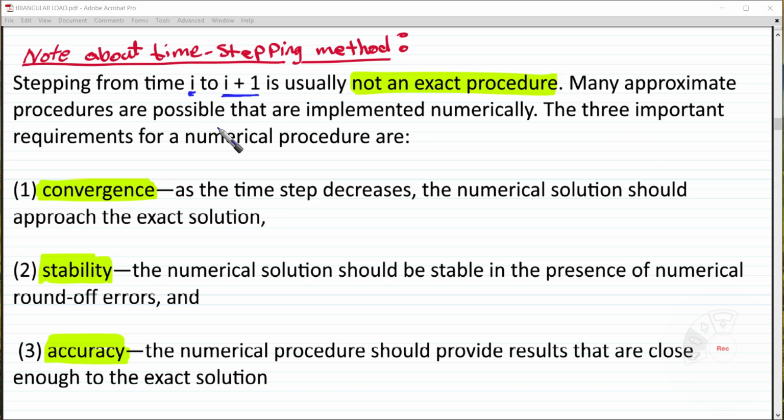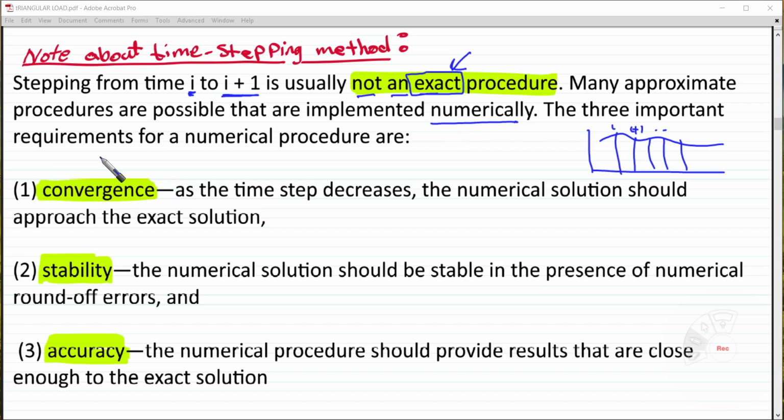We have slices here, like i and i plus 1 and so on and so forth. So it is not an exact procedure, and it is not going to give us the exact solution. Okay. Many approximate procedures are possible that are implemented numerically.